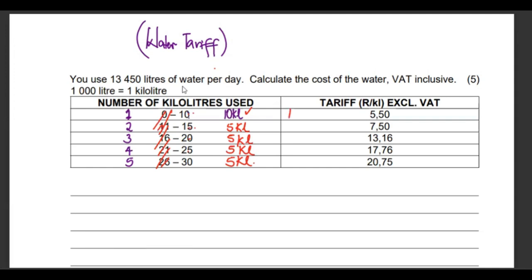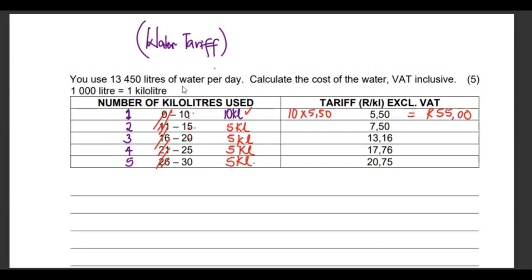It will be the 10 kiloliters times the money for each, and this is around 55 rands. So if you use only bracket number 1, you pay a maximum of 55.